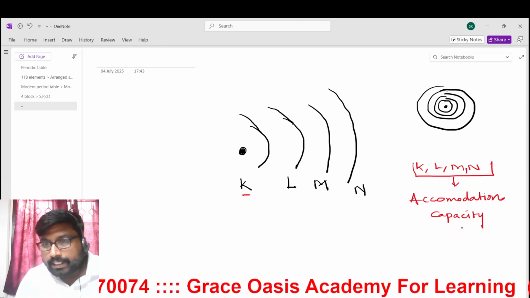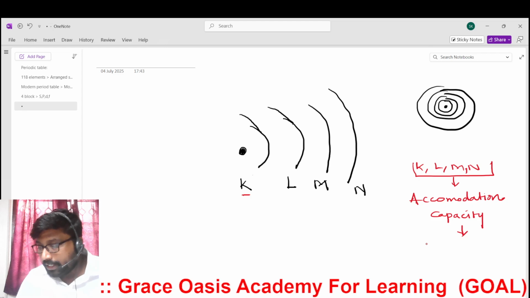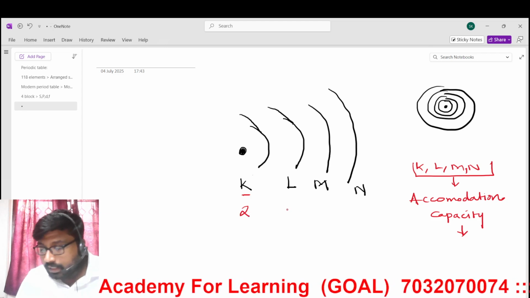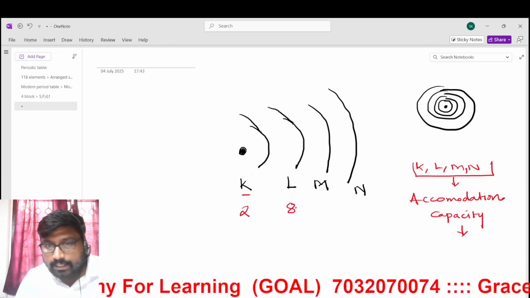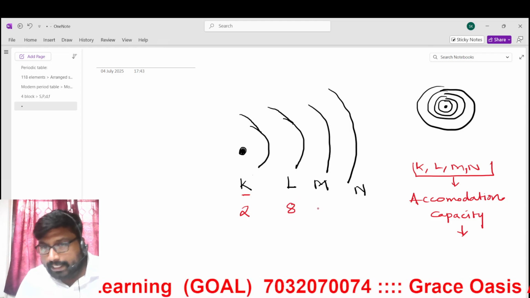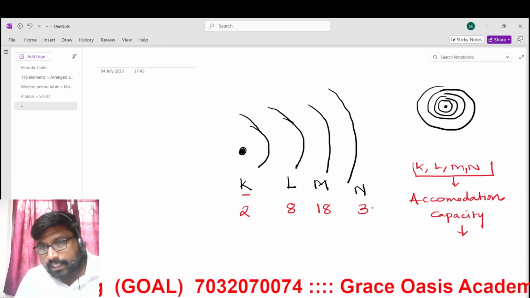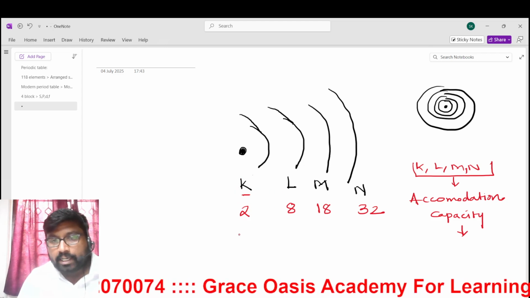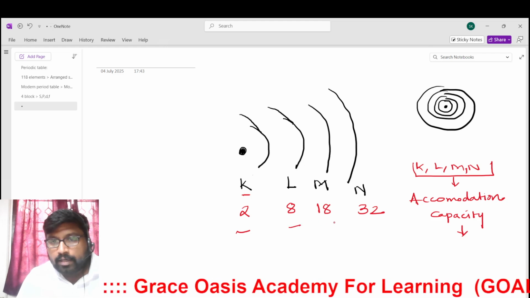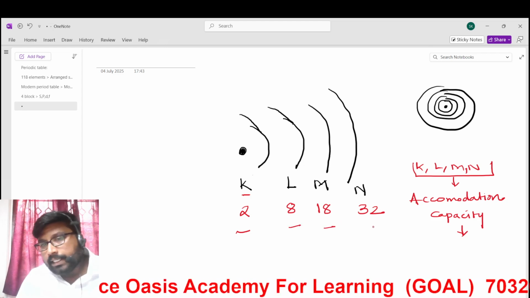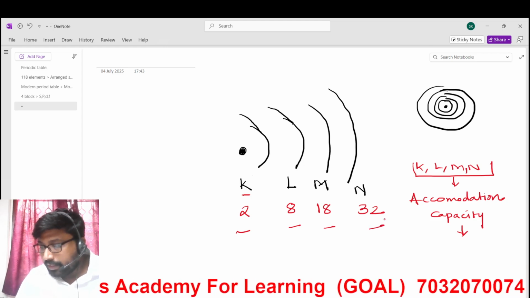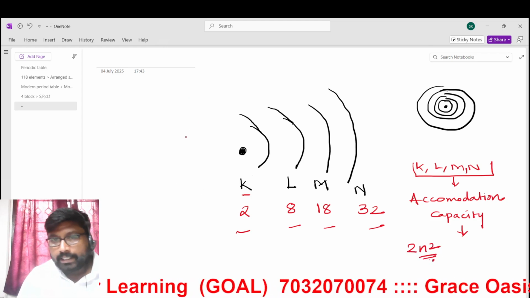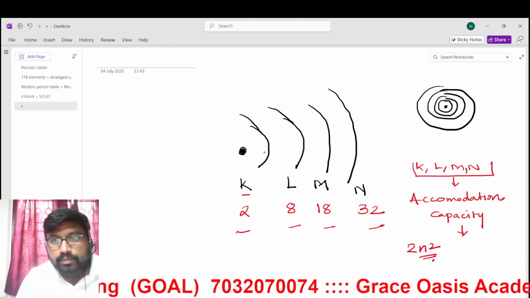The capacity of K, the first shell, is 2; L is 8; M is 18; and N is 32. So K can accommodate 2, L can accommodate 8, M can accommodate 18, and N can accommodate 32. It is governed by the 2n square formula.